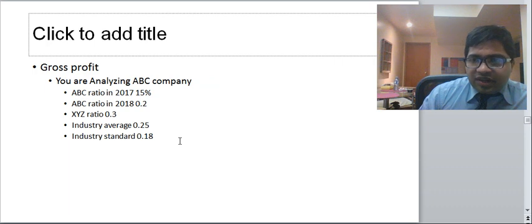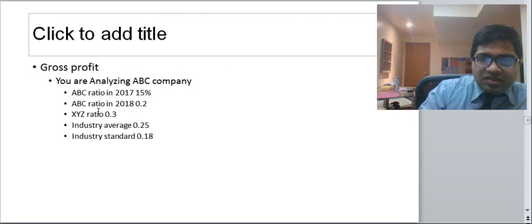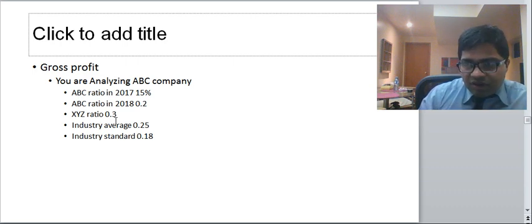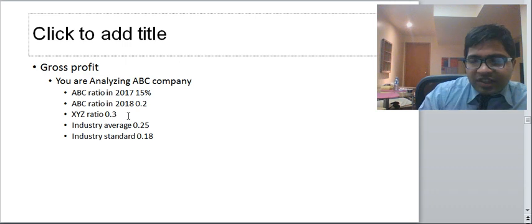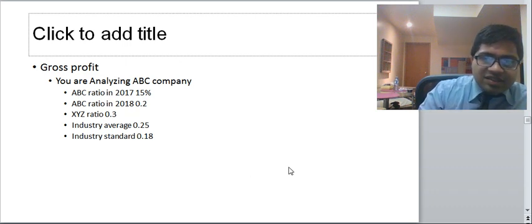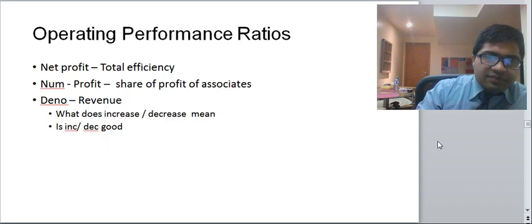So gross profit ratio has improved as compared to past, so management is getting more efficient, but as compared to its competitor and industry average, it is not as efficient as others. So industry is much more efficient and the biggest competitor is more efficient than the company, but industry standard it is still beating.